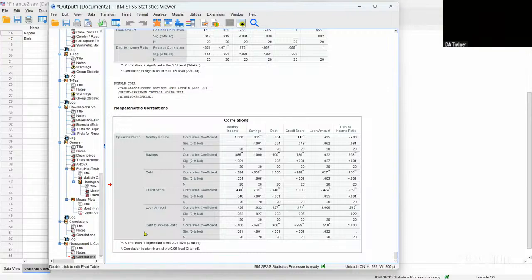But we need to draw your attention to the fact that correlation does not mean causation. What am I trying to say? Monthly income is not a causative effect on savings, though they correlate. It can fish out the relationship, but it's not the causative factor that makes it happen that way. Right?